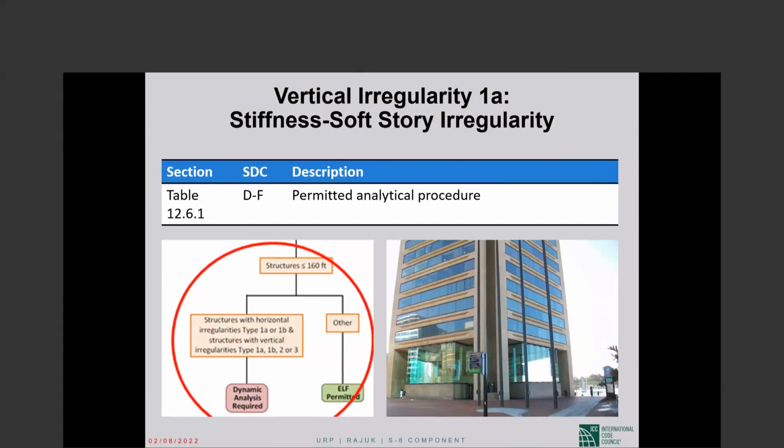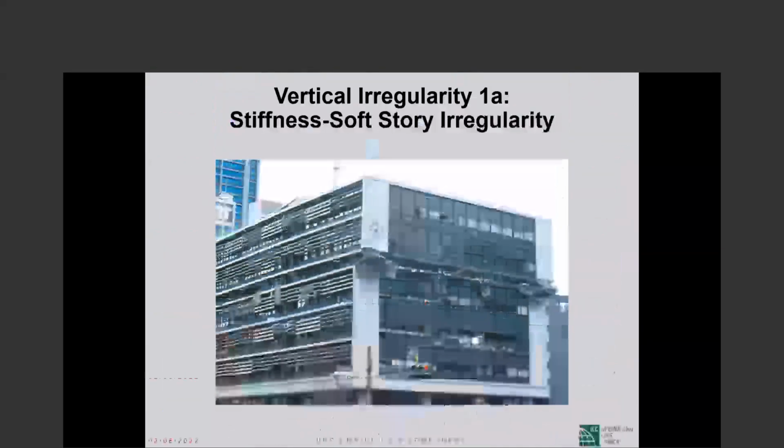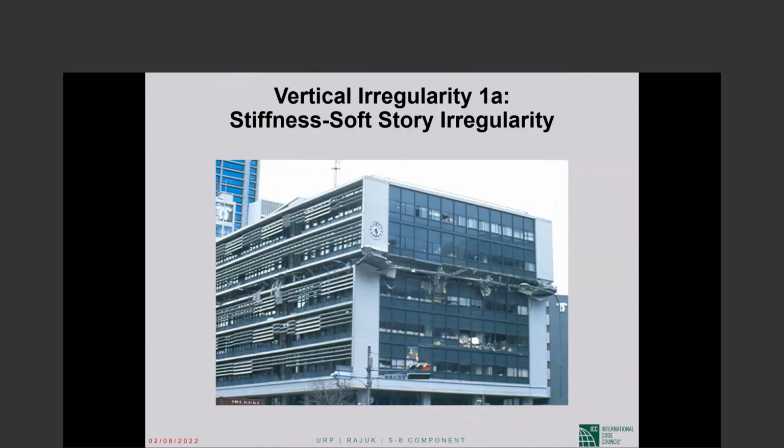And in Kobe, I can tell you that this was almost uncanny. You could tell yourself, I want to find a soft story, you will find it. You go around the block, you will find a soft story at the third story level. You go around another block, you will find it at the fifth story level. They were all over, like so many.